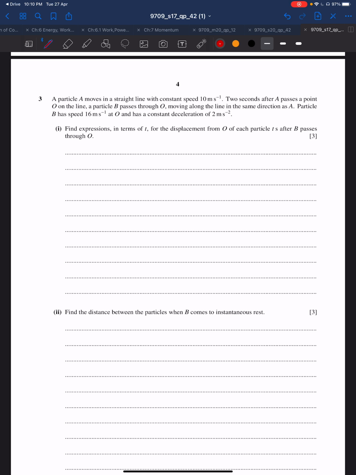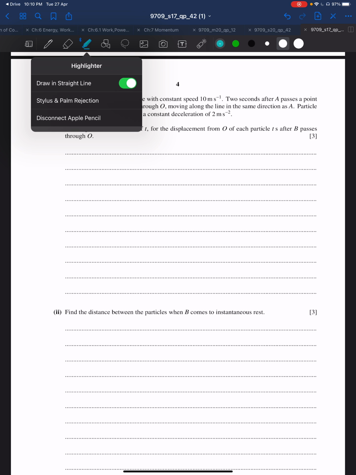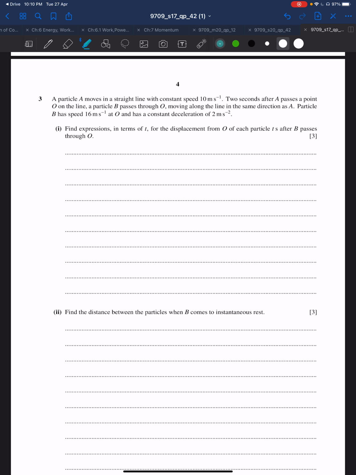Okay, in question number 3, we'll read the question first. A particle moves in a straight line with a constant speed of 10 meter per second. What you have to do is highlight whatever is given to you. This is the constant speed of 10 meter per second.